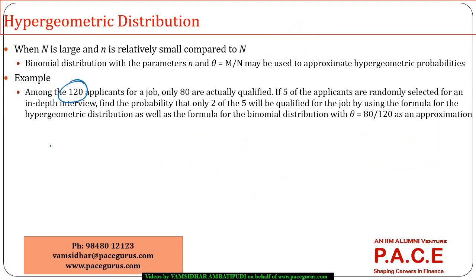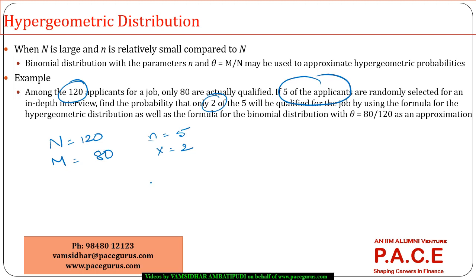Now another example on the same lines. Among the 120 applicants for a job, only 80 are qualified. So if 5 of the applicants, which is very small, are randomly selected for in-depth interviews, find the probability that only 2 of the 5 qualified for the job by using the formula for hypergeometric distribution.